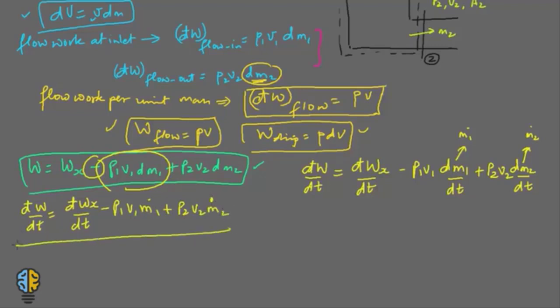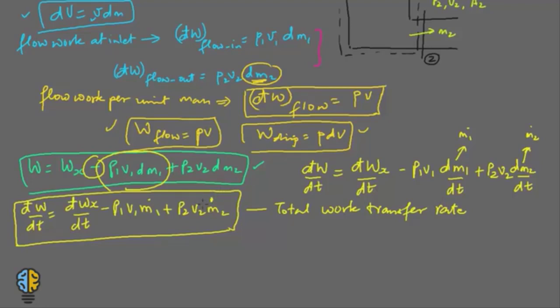So this is the equation that you get after understanding the concept of flow work. This is the total work flow rate or the work transfer rate, I would say, across the boundary.